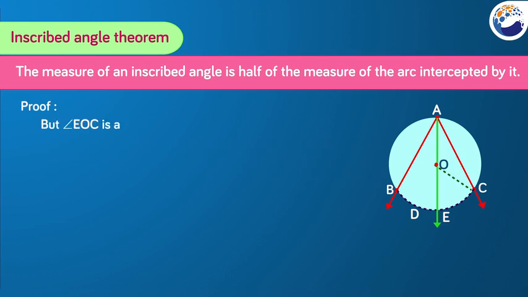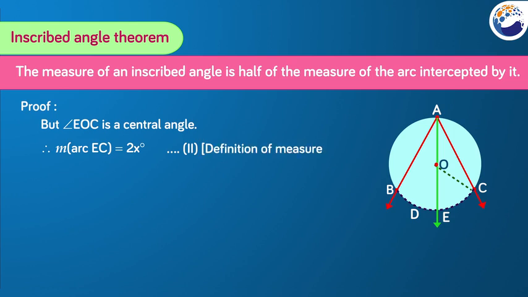But angle EOC is a central angle. Therefore, measure of arc EC is equal to 2x degrees. Equation 2. By the definition of measure of an arc, angle OAC is equal to angle EAC, which is equal to half of the measure of arc EC.